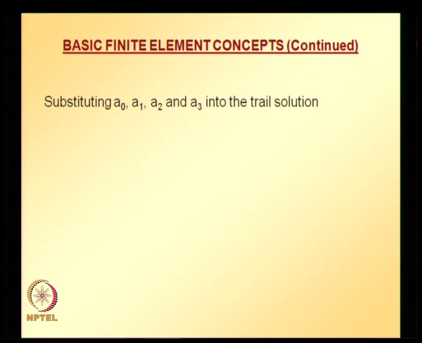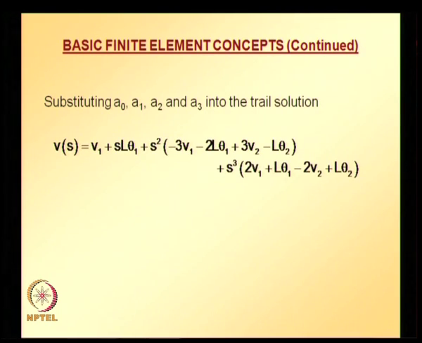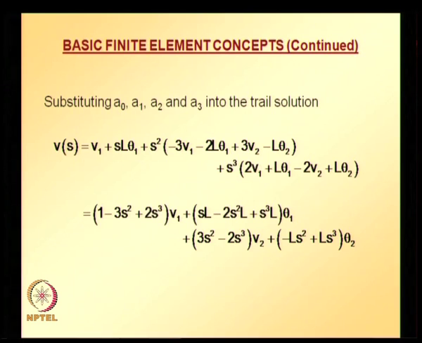Substituting a0, a1, a2, a3 into the trial solution, we get this one. Now rearranging this equation in such a way that we group all terms having v1 as coefficient separately, theta 1 as coefficient separately, and v2 and theta 2 as coefficients in the same manner separately, we can rewrite this equation in this form.